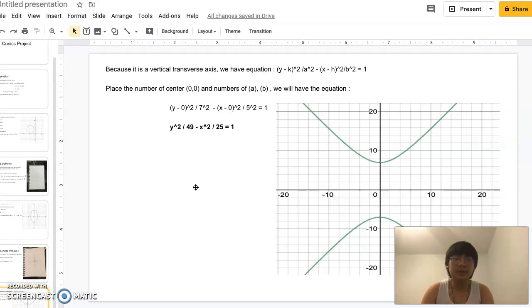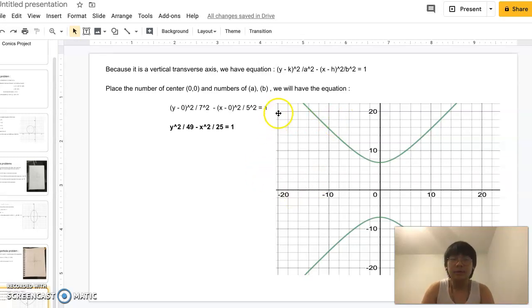We will have (y minus 0) squared over 7 squared minus (x minus 0) squared over 5 squared equals 1. So the final equation is y squared over 49 minus x squared over 25 equals 1.